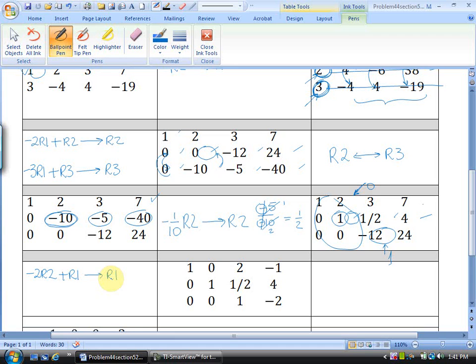So I made a 0 pop up where this 2 is. How can I make a 1 pop up where this minus 12 is? Well, here I divide by minus 12. So I'm going to say minus 1 over 12 times row 3 into row 3.